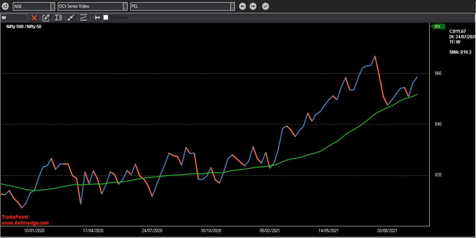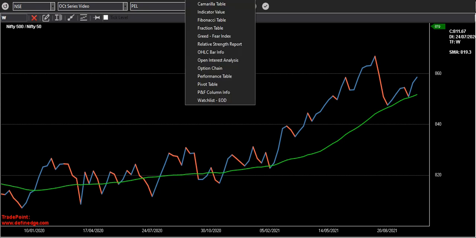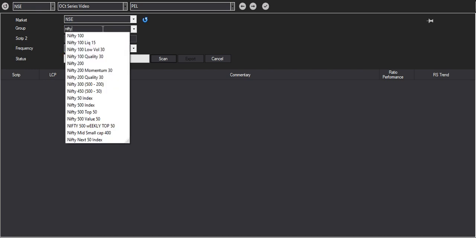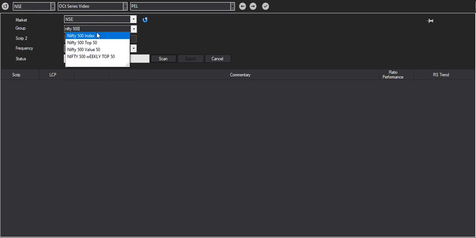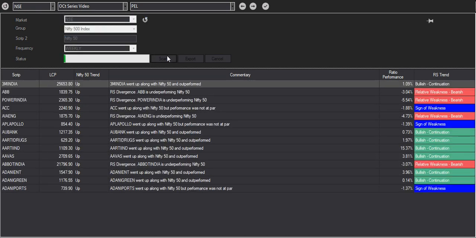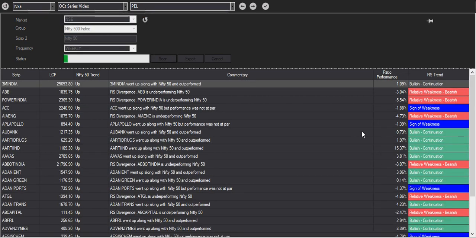Another thing that I refer to is a relative strength report, and this is on a weekly time frame. So Nifty 500 index stocks divided by Nifty 50. This gives us the relative strength picture of all the Nifty 500 stocks against Nifty 50.